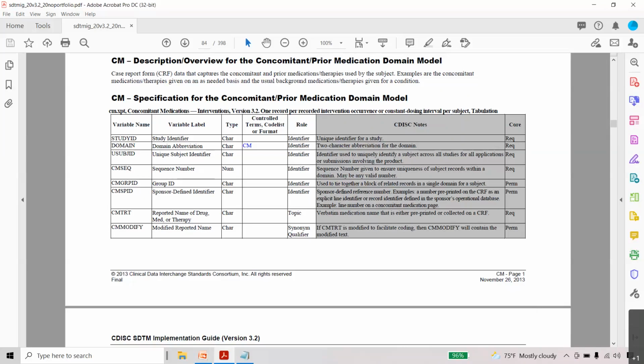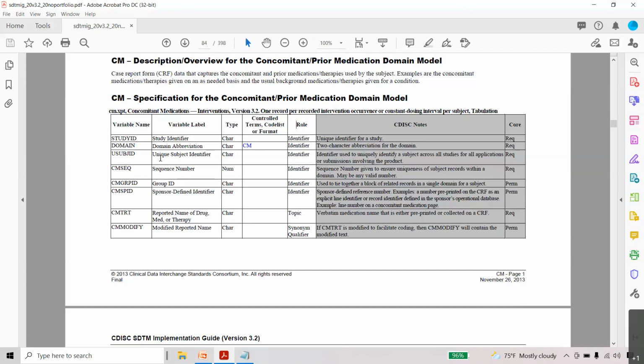This is a very important interview question. When you start making the SDTM dataset, you derive the variables based on the role of the variable. And for the core type, we have required, expected, and permissible variables.